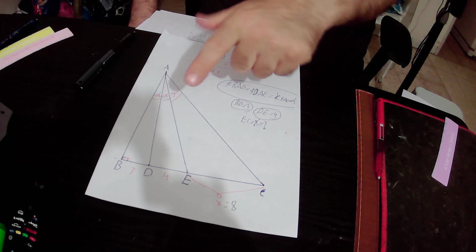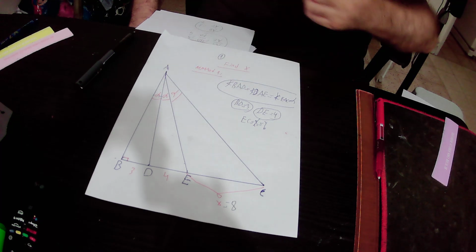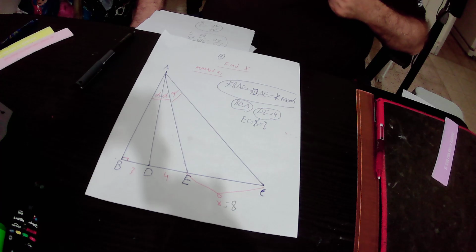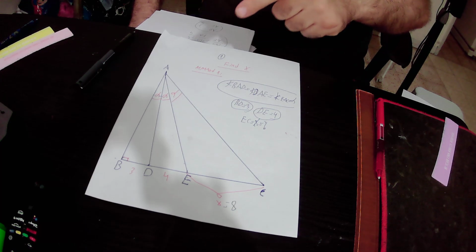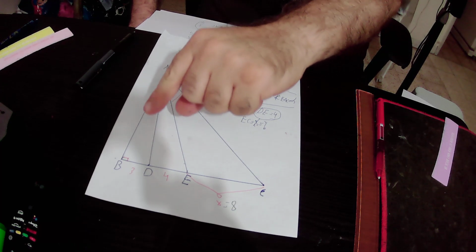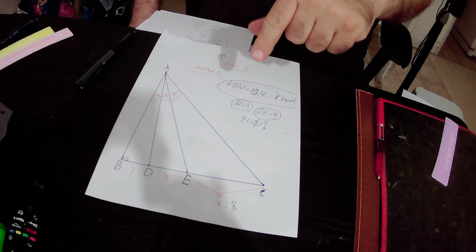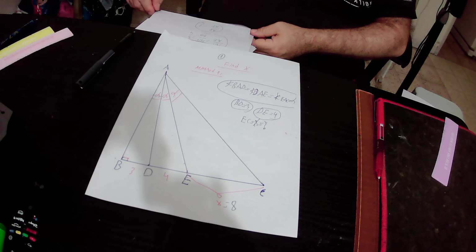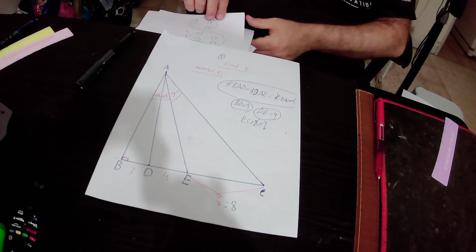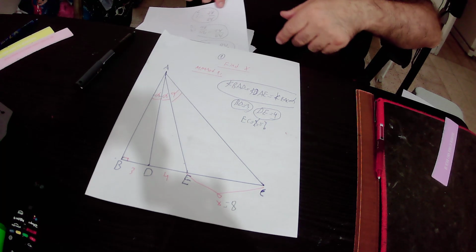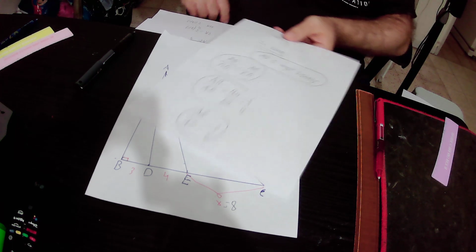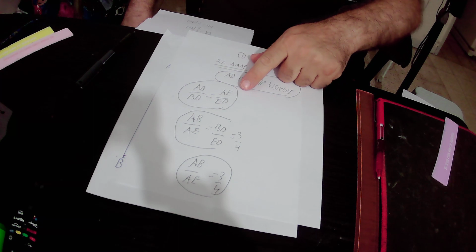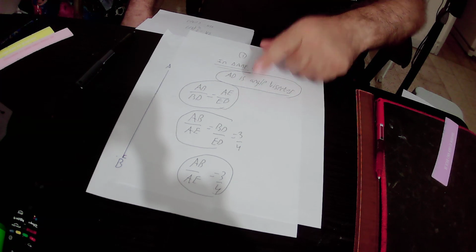Therefore, according to the rule that I presented to you, AB over BD equals AE over DE. In triangle ABE we have angle bisector AD, therefore AB over BD equals AE over DE.